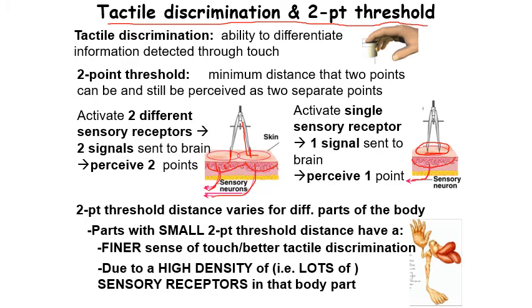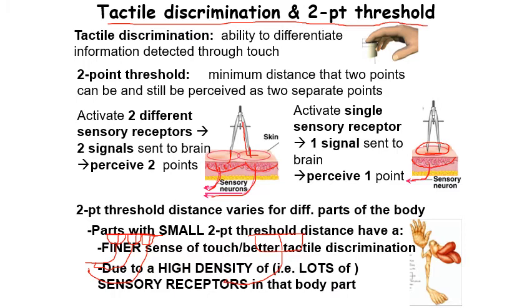Where we have a higher density of receptors, say I have this swatch of skin, and I make this the same distance. If I have a higher density of receptors, the receptor field for each sensory neuron can be much smaller. Whereas if I have a low density of receptors, I have one neuron covering this whole stretch, where here I have three different neurons covering this whole stretch of skin.